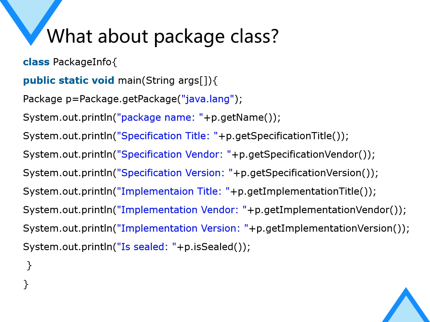In class PackageInfo, we have a public main method, and we have the Package object p.